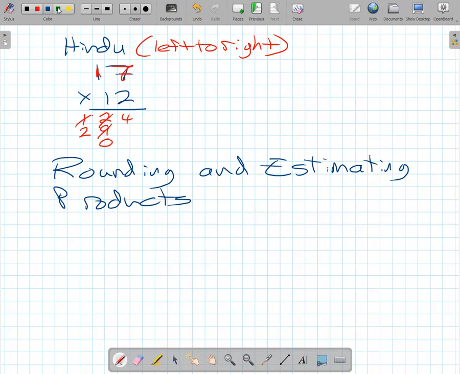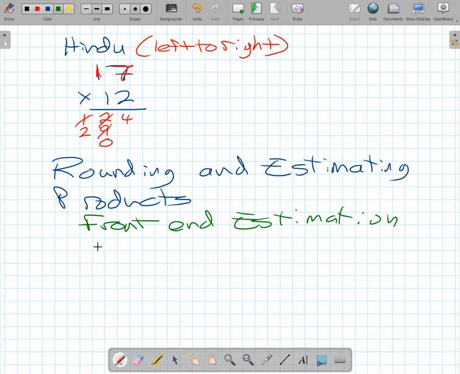One popular method for estimating is kind of related to rounding, and it's called front-end estimation. And I'll pick a slightly different set of numbers.